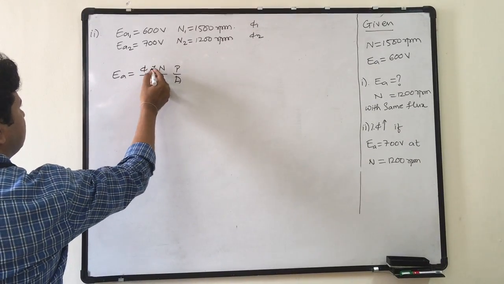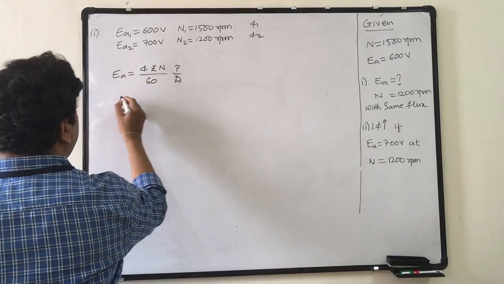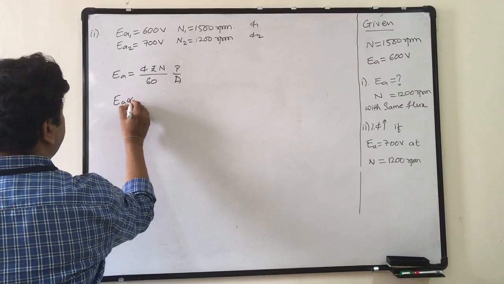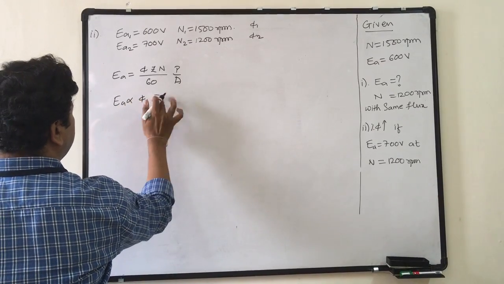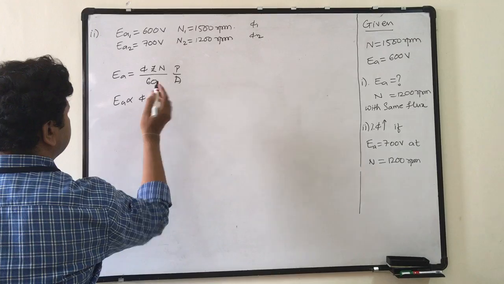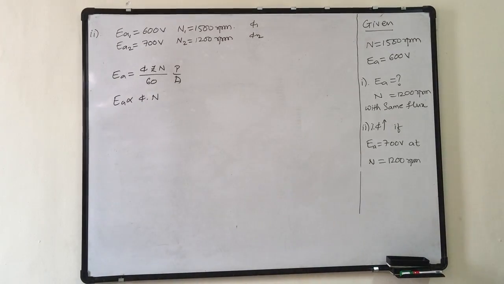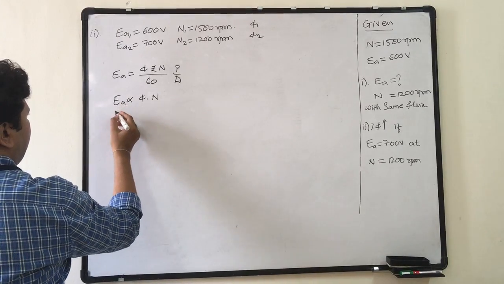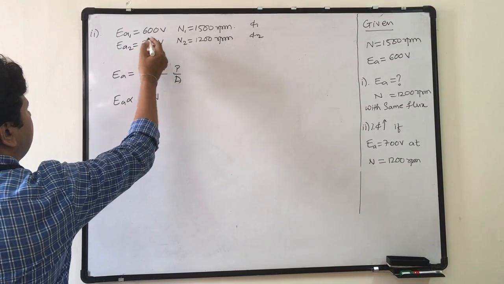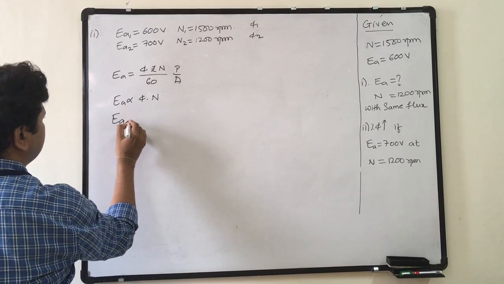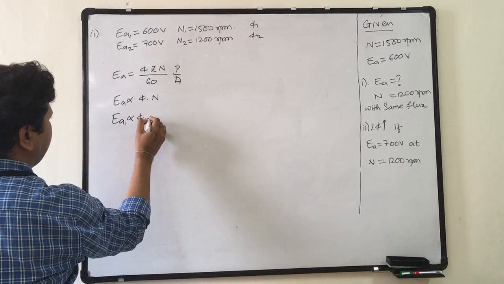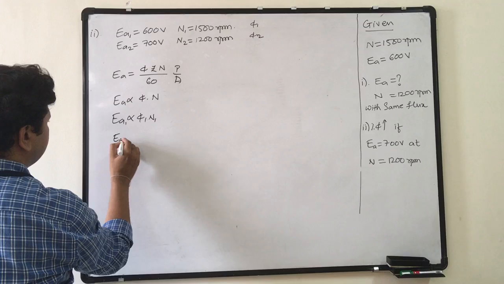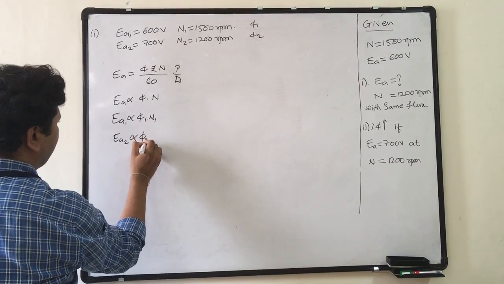EA is proportional to phi into N. EA1 is proportional to phi 1 into N1, EA2 is proportional to phi 2 into N2.